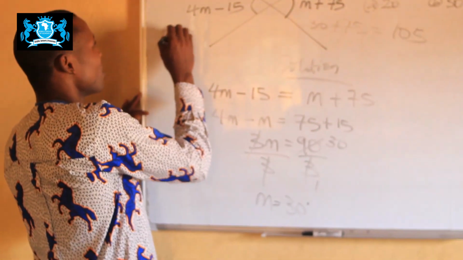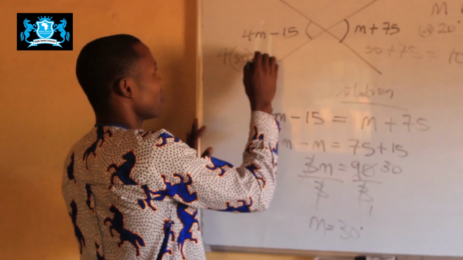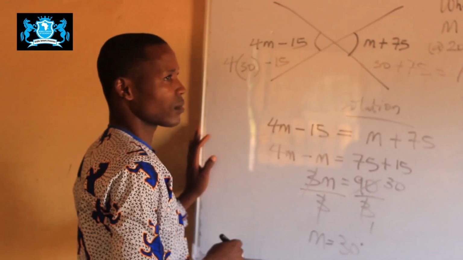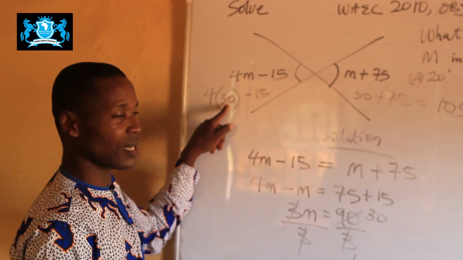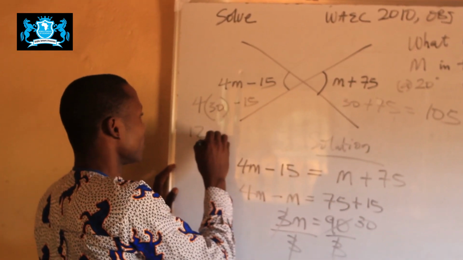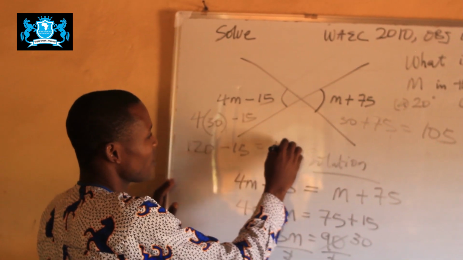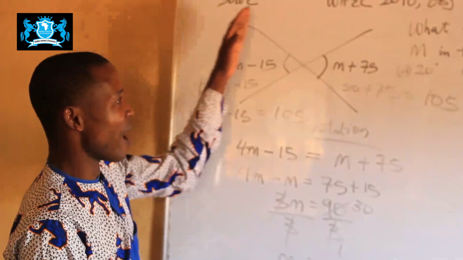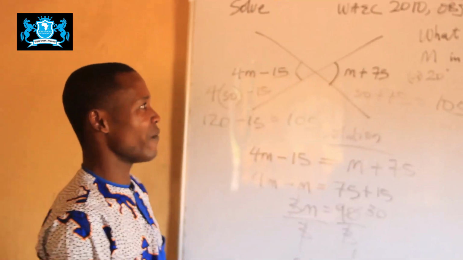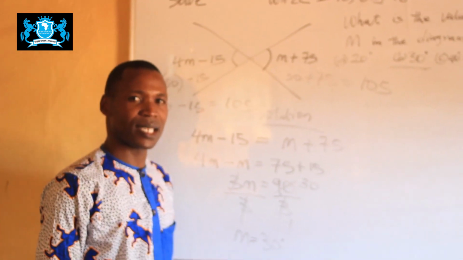So we have 4m minus 15: 4 times 30 degrees gives us 120, and 120 minus 15 gives us 105. You can see that whatever you get here is 105, and whatever you get here is 105. Therefore, our answer is B, 30 degrees.